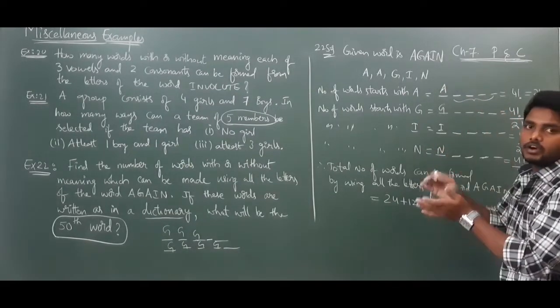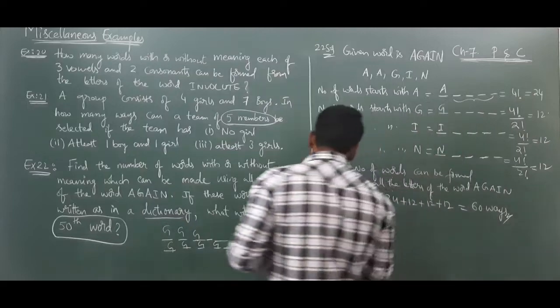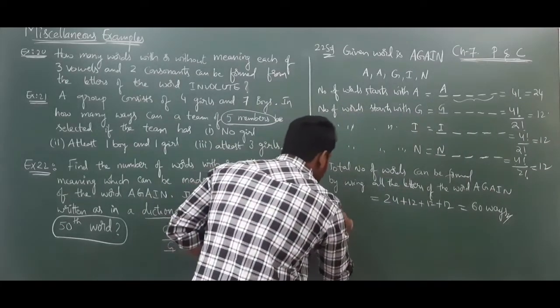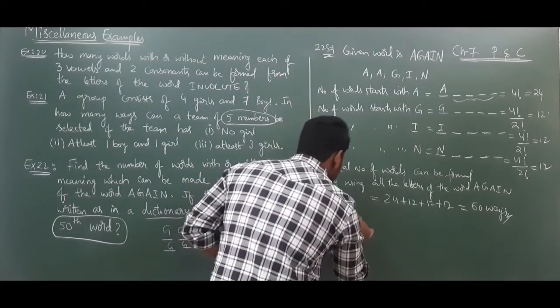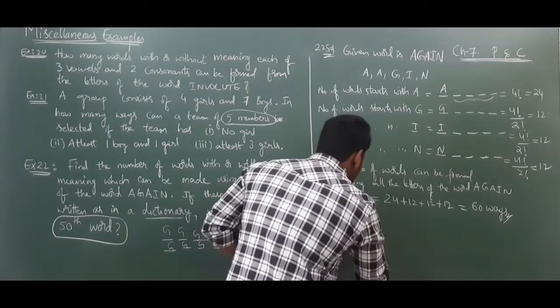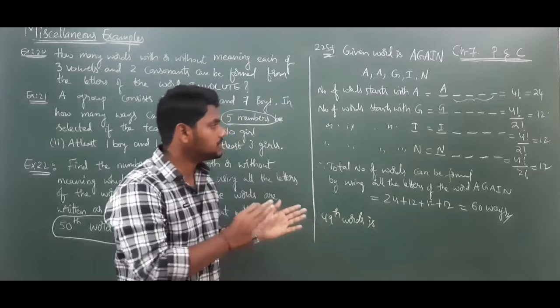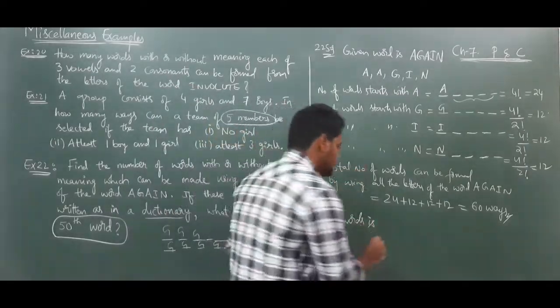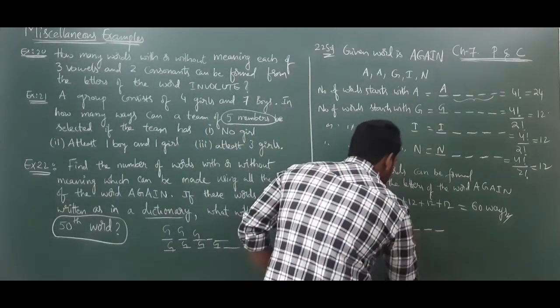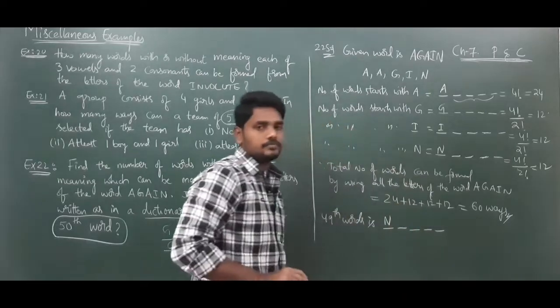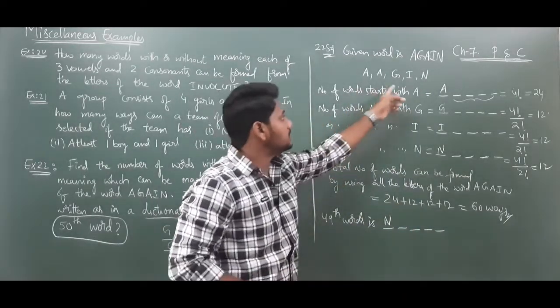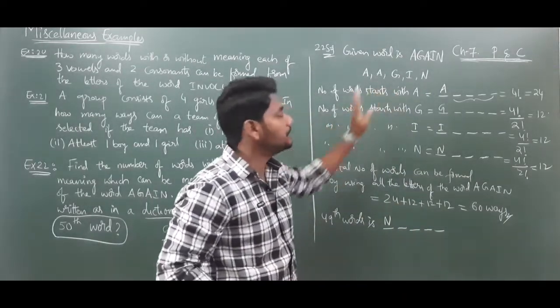Next we need to find the 49th and 50th. So the 49th word is, see, by using A, G, I, 48 words are over. To find the 49th, the next word should start with N, right? See here, observe this alphabetical order.